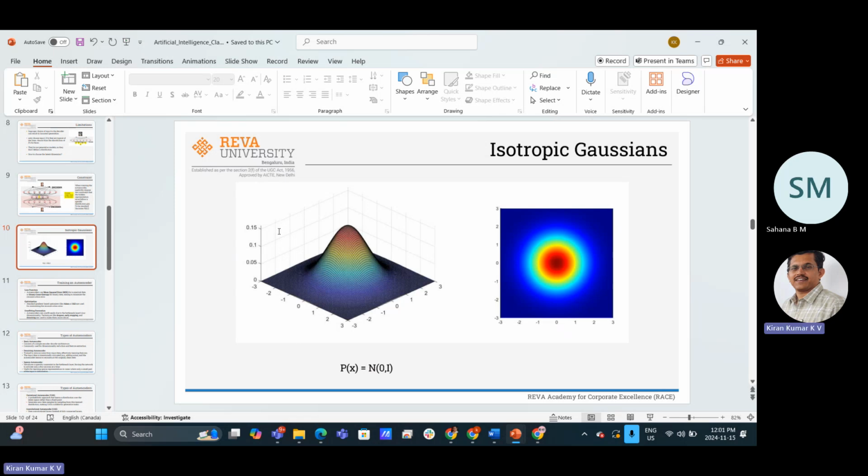For normal, mean is equal to 0. See, what we do in mathematics is idealize. When you idealize, instead of the mean being some value, we make it 0. We can transform the data actually.